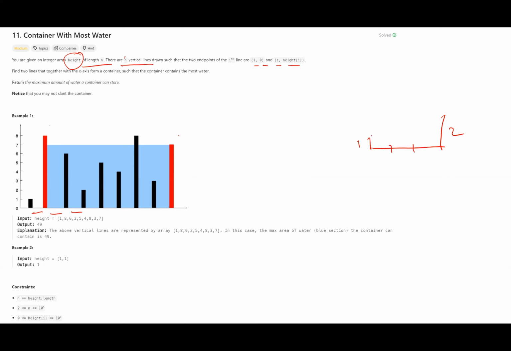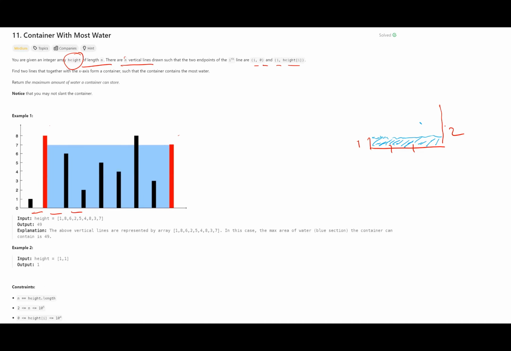So that means if you want to put water in it, the water will be at the level of the lower height, right? Because you cannot pour water higher, that will drip or flow down. So if I want to contain water between two walls, the height of the water is going to be equal to the lower wall.